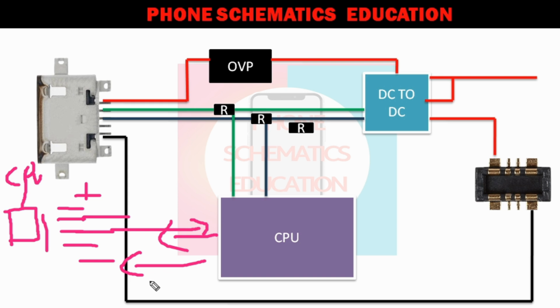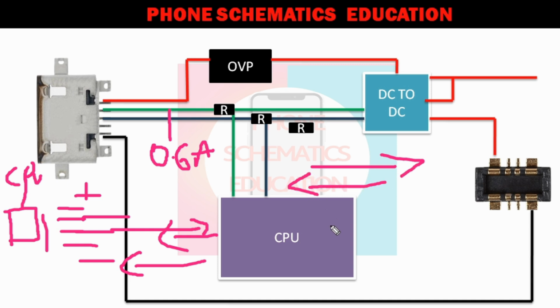In data mode, your phone will charge in slow charging mode, most probably 0.6 ampere. One thing. Second thing, these two lines work separately. One for receiving, one for transmitting. Read and write. Clear?